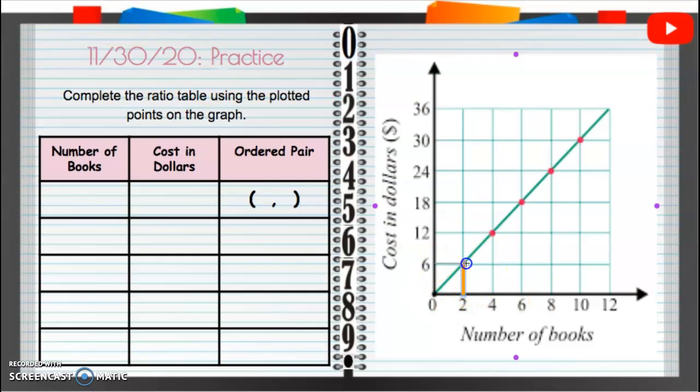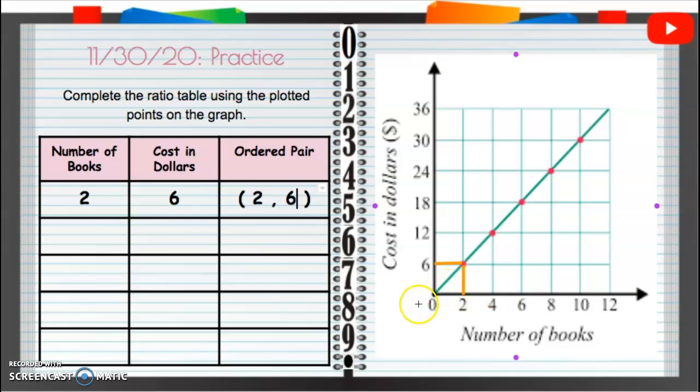And how many dollars are 2 books going to cost us? $6. So for 2 books, we're going to put a 2 here. It costs us $6. So our ordered pair is over 2, up 6. X-axis 2, y-axis 6.